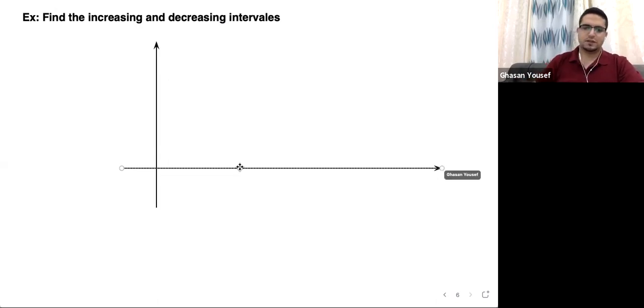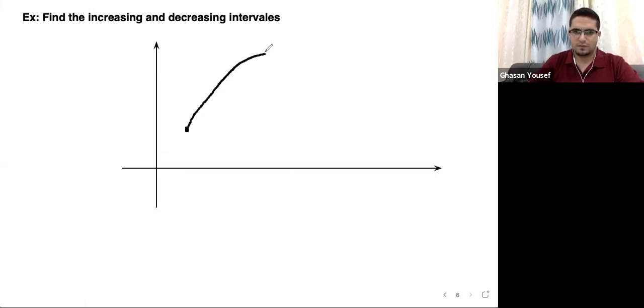Okay, so the function looks like this. Starting at this point, then moving like this.